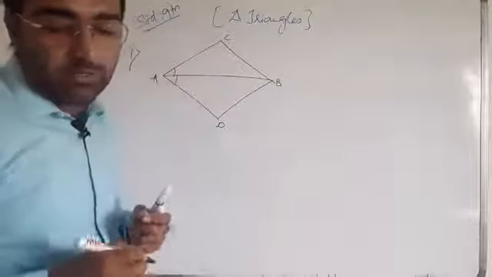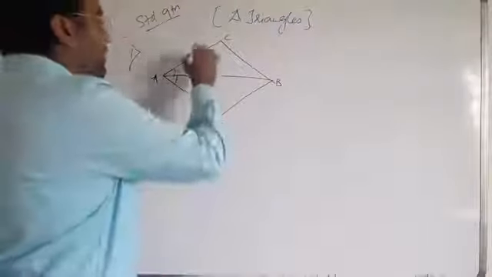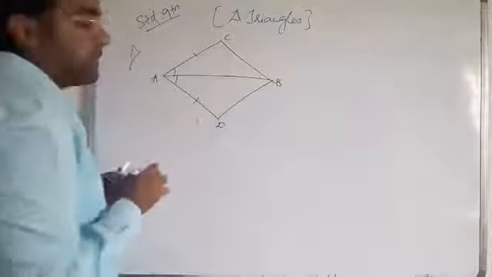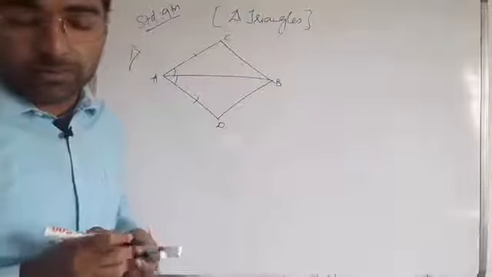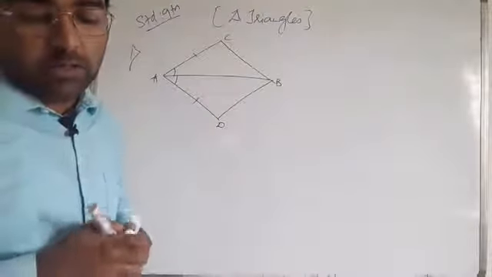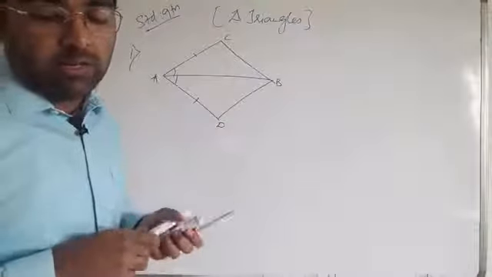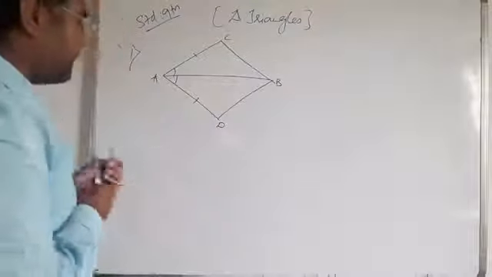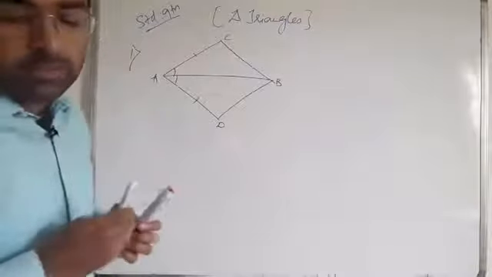Both of the angles are given as equal, and one side is also given as equal. In quadrilateral ACBD, AC is equal to AD.